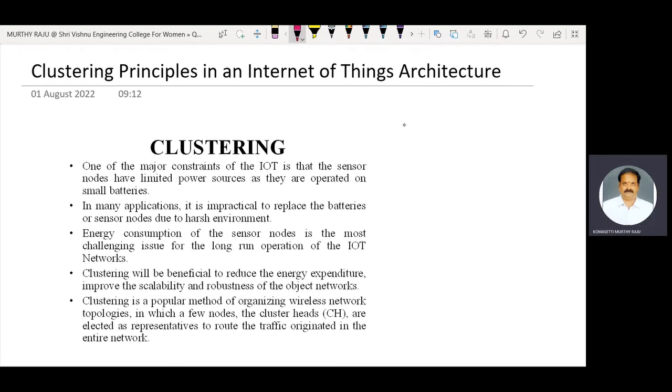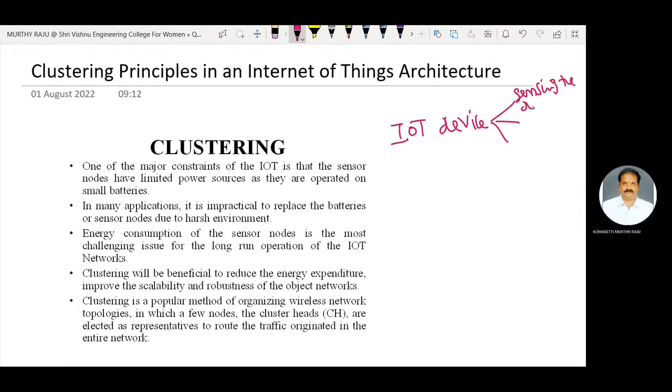Let us consider any IoT device. Most of the time, the IoT device is involved in sensing the data, processing the data, and communicating the data.